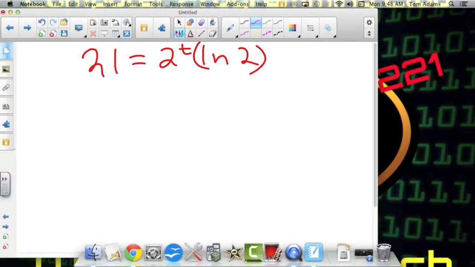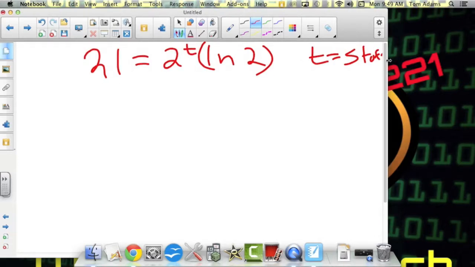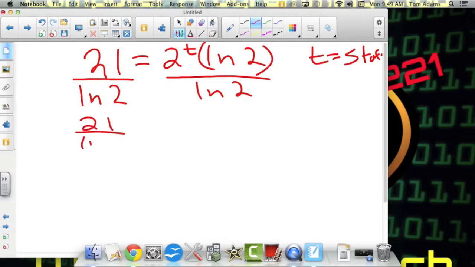To solve for t, what I want to do is get t by itself and all the other stuff on the other side of the equal sign. So the first step in that process is to divide both sides by the natural log of 2. And so what I end up with is 21 over the natural log of 2 is equal to 2^t.